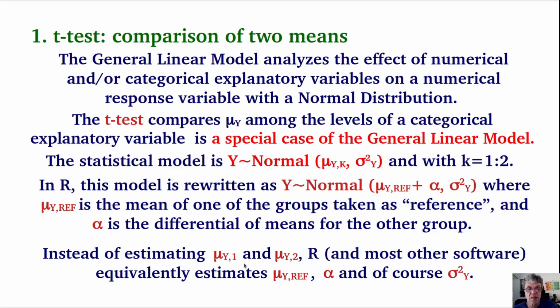Instead of estimating the means of the two groups, mu y1 and mu y2, most other statistical software equivalently estimates the mean of the reference group, the difference or differential of means between the reference group and the other group, and of course the variance of the response variable.